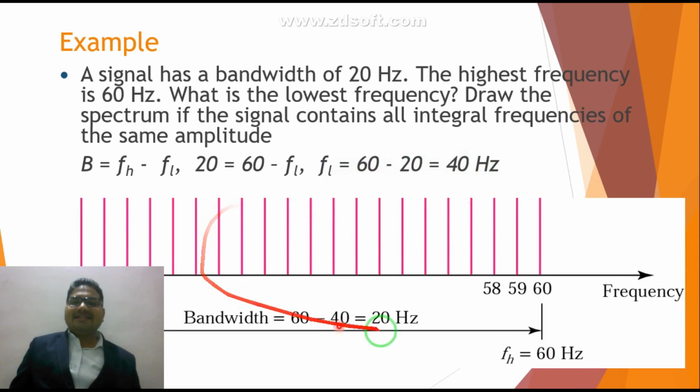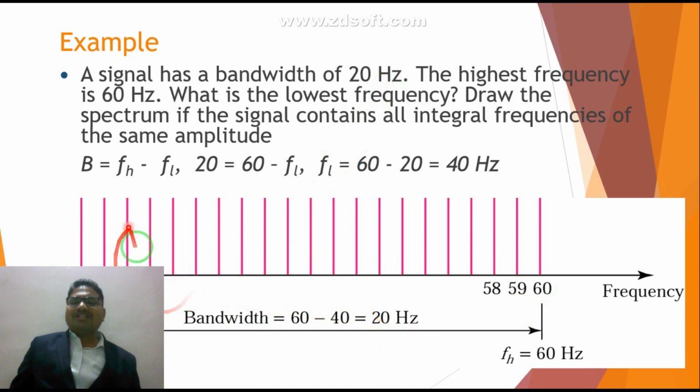And this is the spectrum. Since the lowest frequency is 40, it is going to start from 40 and the highest is 60. And bandwidth is equal to what? 60 minus 40, that is 20 hertz.